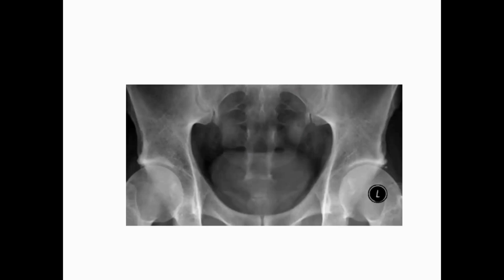Okay, so this is the normal soft tissue located at the pelvis, which is the bladder. Okay, so you might see a stone in it, any thickening of the bladder wall or any tumor. So you have to look if there are any abnormalities in the bladder.